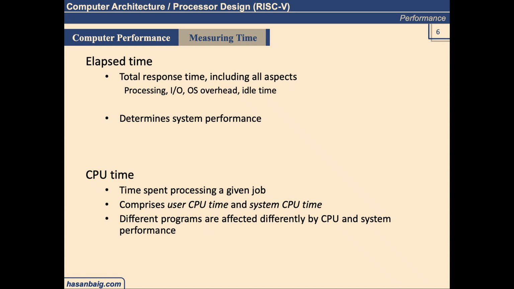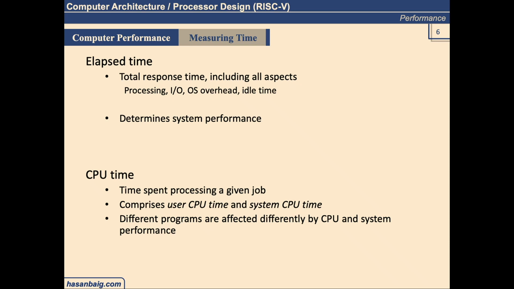So CPU time is the time spent processing on a given job. It is composed of two different times, user CPU time and system CPU time. User CPU time is the actual time that is processed by a program, and the system CPU time is something like if your program requires accessing the external port or retrieving the data from the external memory.